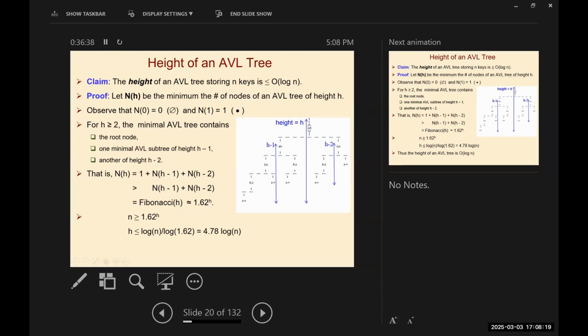right, so here, let me write it on the board here. We know in our real problem, we have n nodes, and we want the worst case, right? The worst case is when h is as big as possible, right?